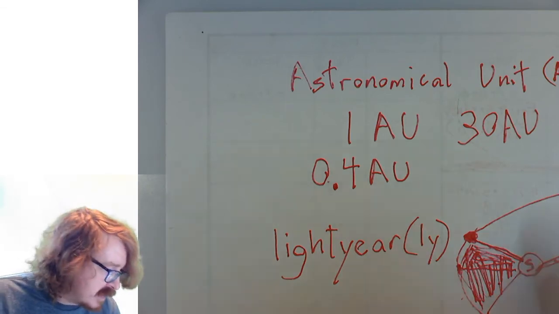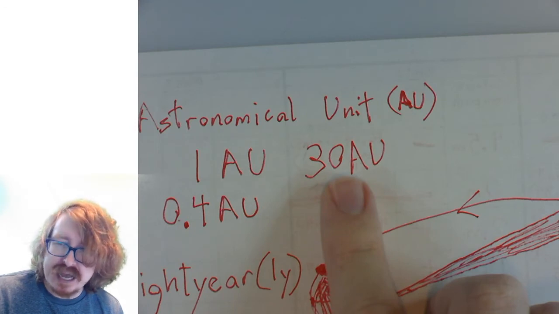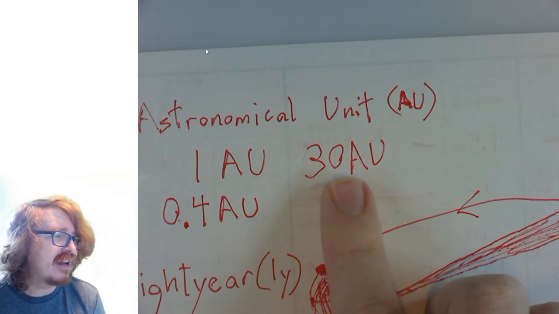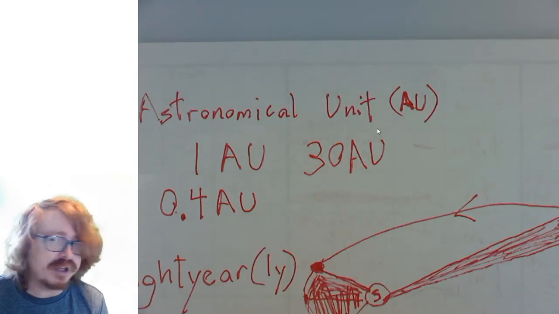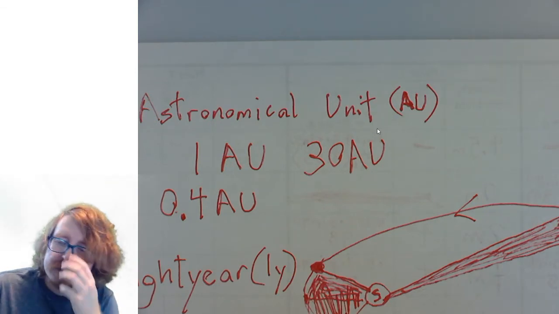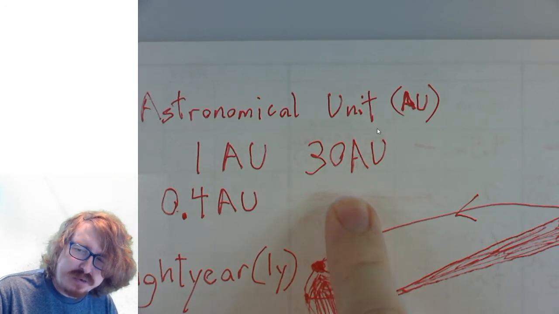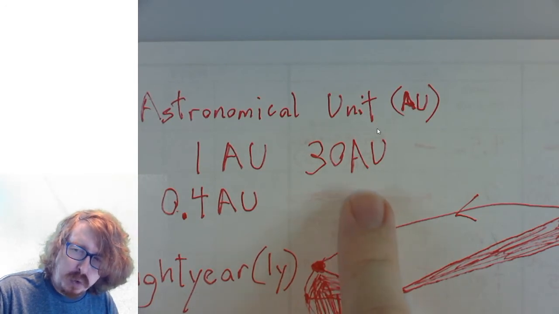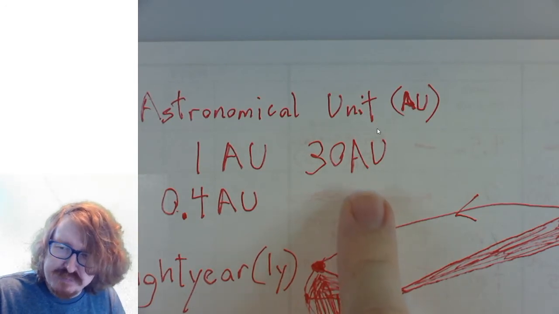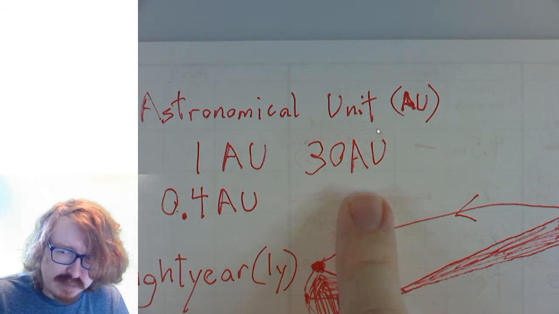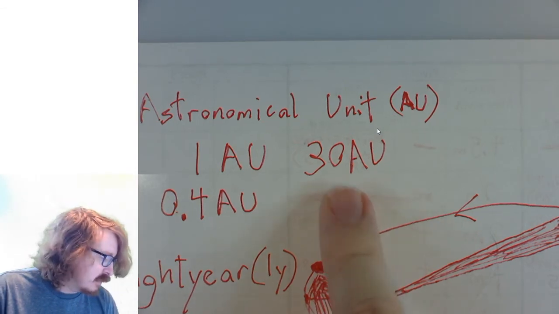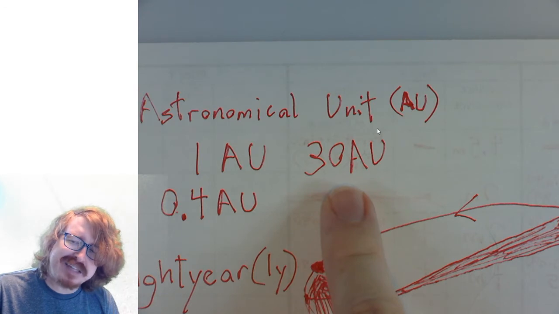On the other hand, Neptune's orbit is 30 times the size of ours, okay? Neptune's orbit is 30 AU. So check this out. It seems like it should take 30 years for Neptune to go around its orbit. But if you can see the pattern that I'm trying to build up to here, would Neptune take 30 years?